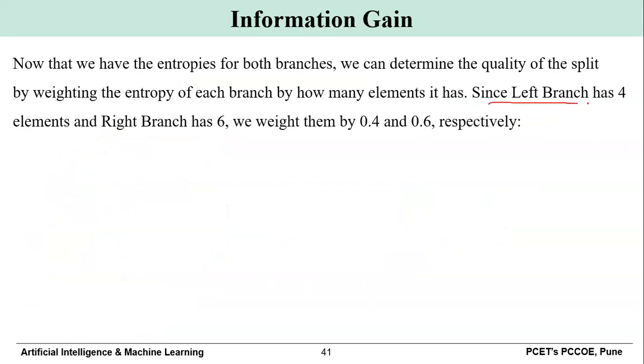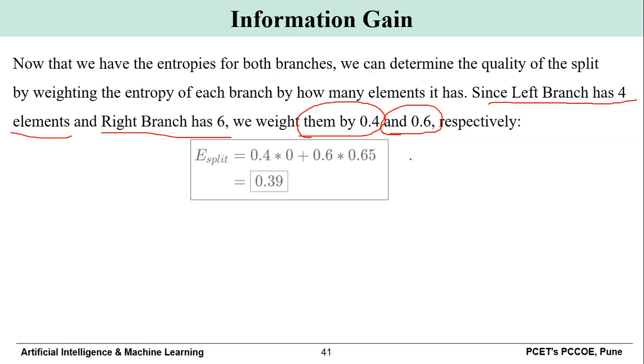As there are 4 data points on the left branch and 6 data points on the right branch, the weight of the left branch can be considered as 0.4 and the weight of the right branch can be taken as 0.6.